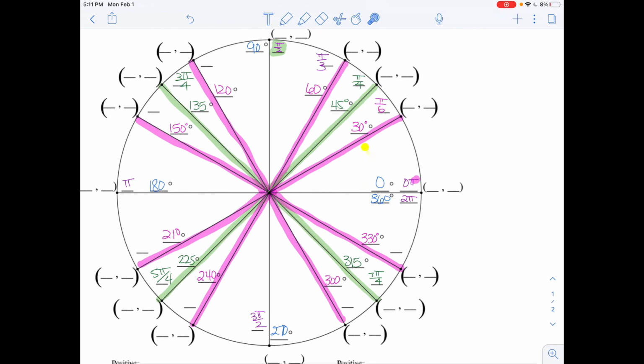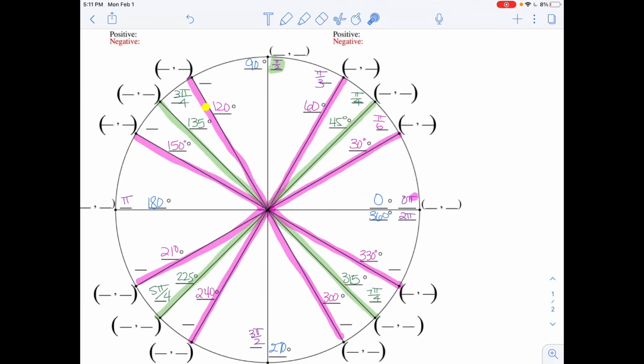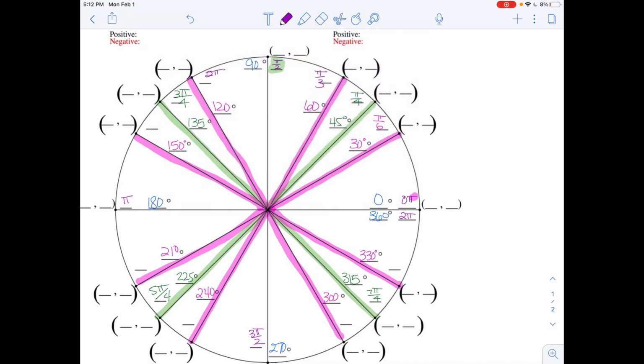Okay, add another one: 1, 2, 3 pi over 6 is pi over 2. Then 4 pi over 6 is really 2 pi over 3.